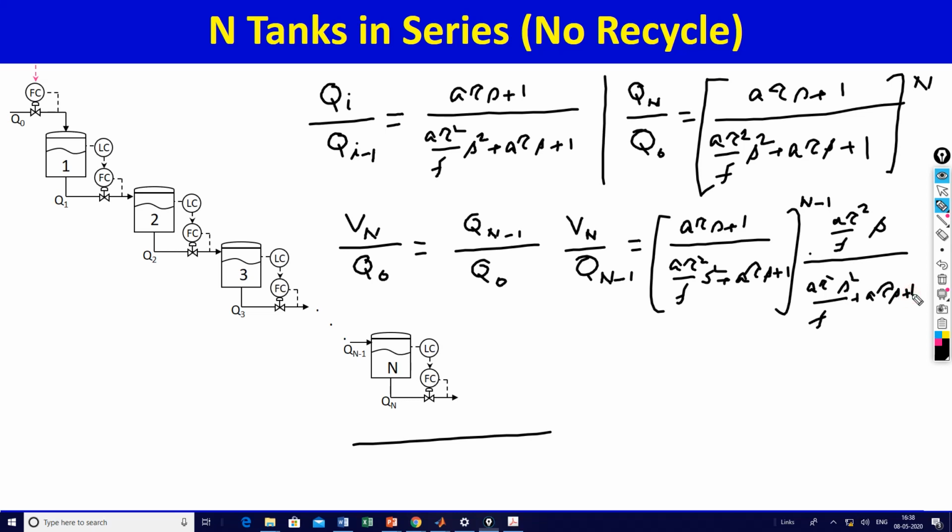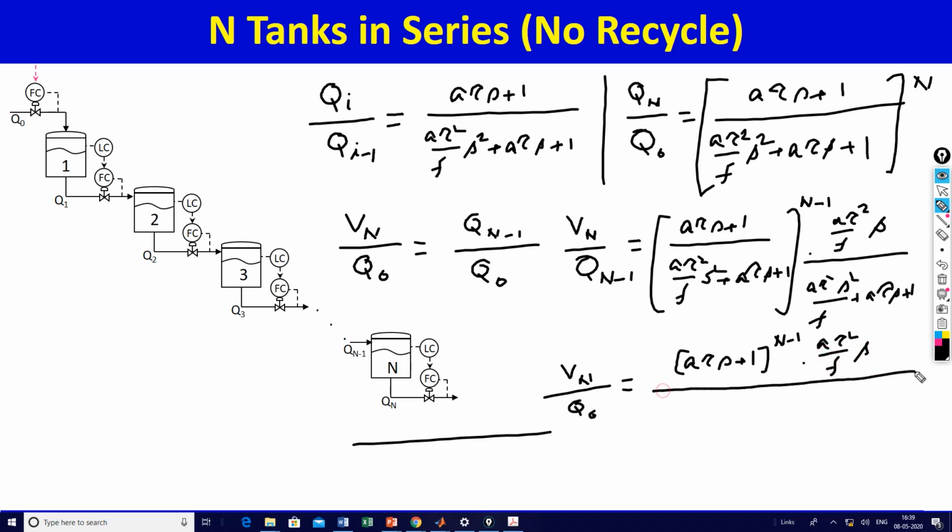So what you get essentially is Vn over Q naught is equal to A tau S plus 1 to the power n minus 1 times A tau square divided by F times S, divided by A tau square by F times S square plus A tau S plus 1 whole to the power n.